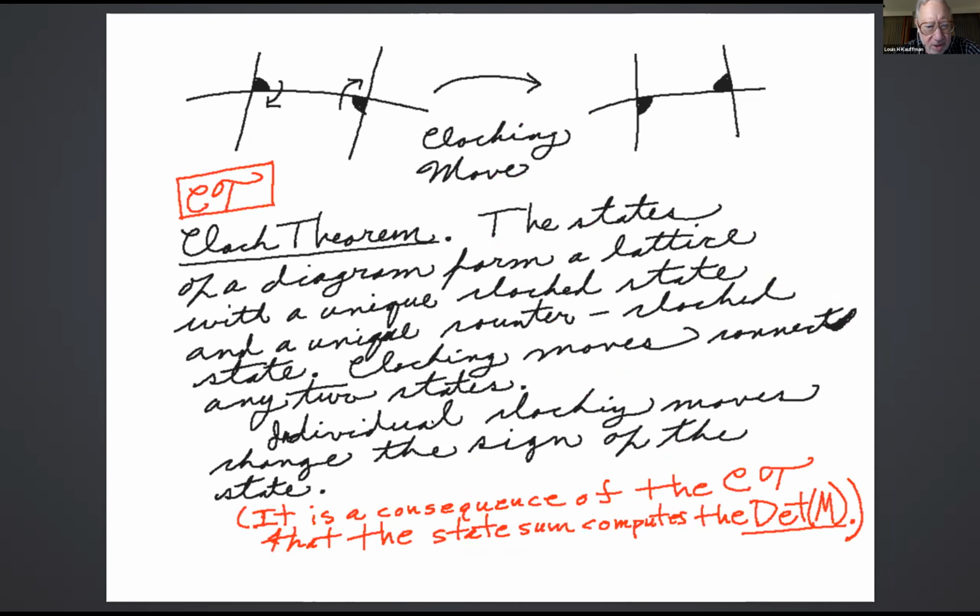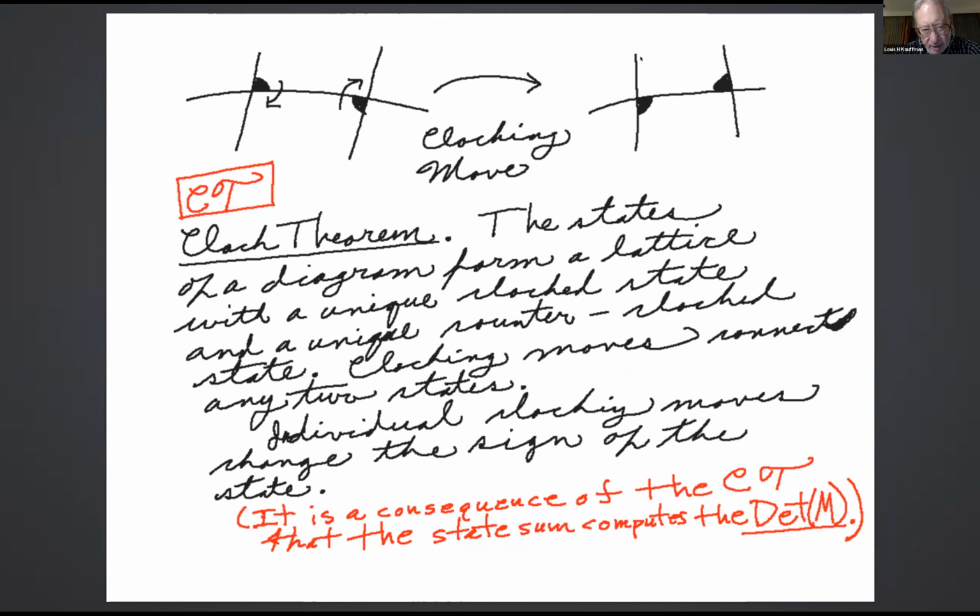Furthermore, and this is important for that black hole sign parity result, you can get from any state to any other state by marker exchange moves or clocking moves like this. You have a marker in this region and a marker in an adjacent region. You interchange them and you again have a state. And the clock theorem says that any two states are related by a series of clocking moves.